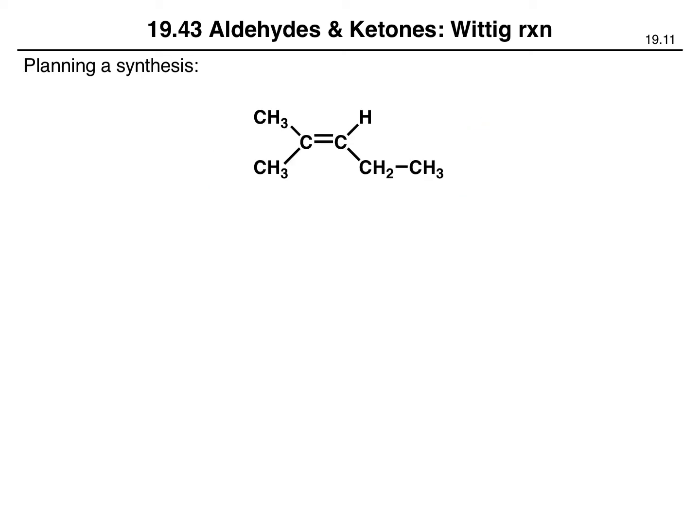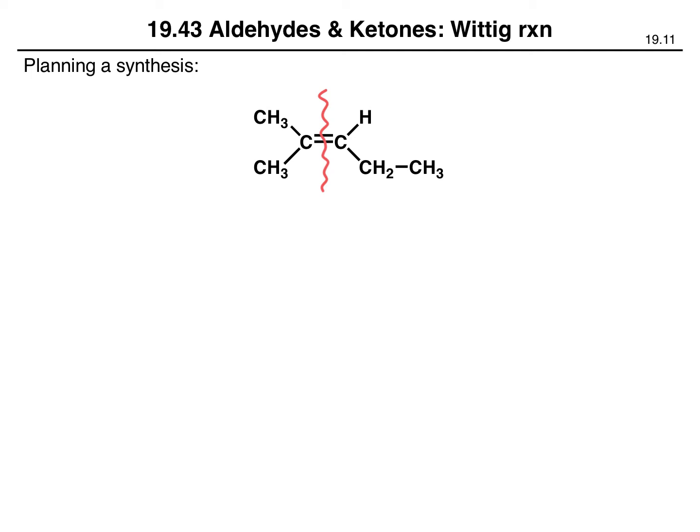So let's try to think backwards and plan a synthesis of an alkene using a Wittig approach. We want to think about breaking our alkene, and remember that our starting materials will include an alkyl halide and an aldehyde or ketone.